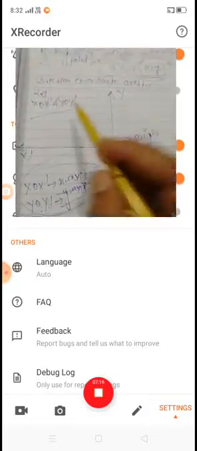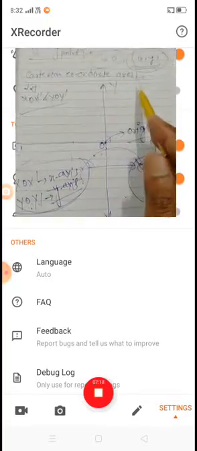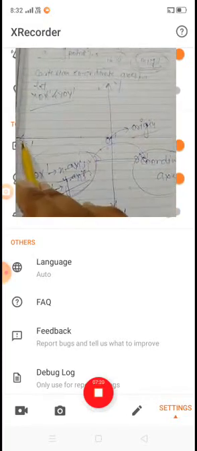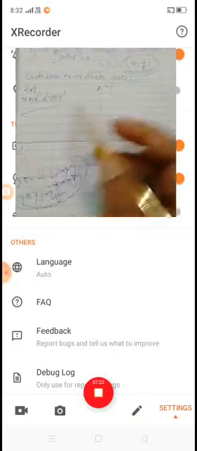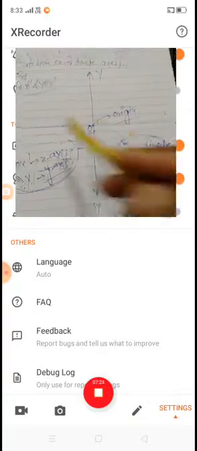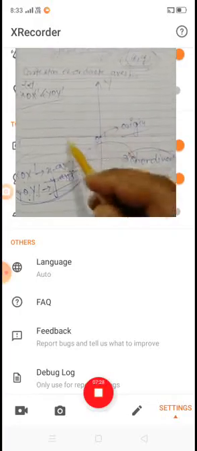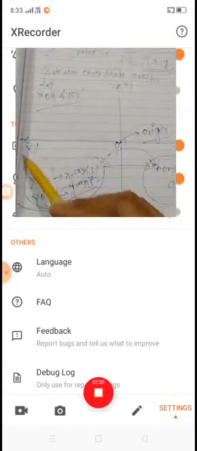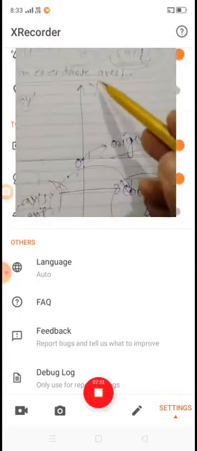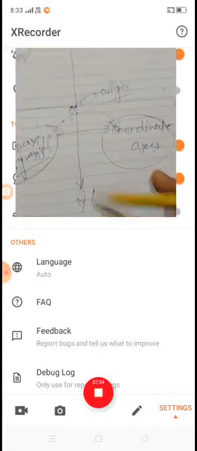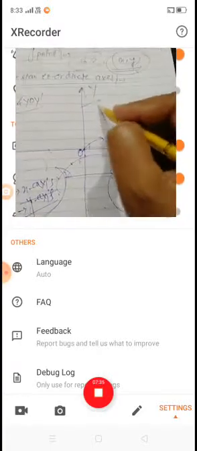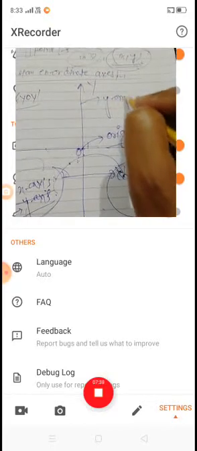Let's see once again, the Cartesian coordinate axis. First of all, we draw two lines XOX dash and YOY dash, two perpendicular lines which intersect at point O. Here the line XOX dash is known as the x axis and the line YOY dash is known as the y axis.